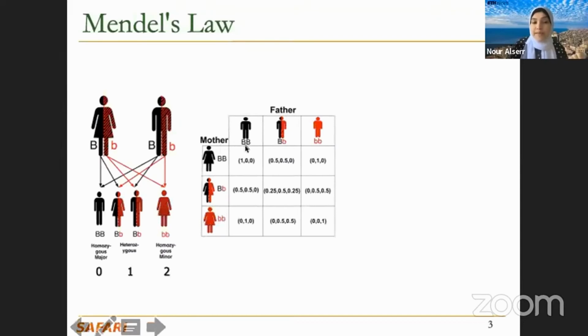Mendel's laws show the probability of having these values. Let's pick an example. If the father has the value 1, or heterozygous, and the mother, for example, has the value of 0, homozygous major, then the probability of having 0 will be 50%, and the probability of having 1 will also be 50%.